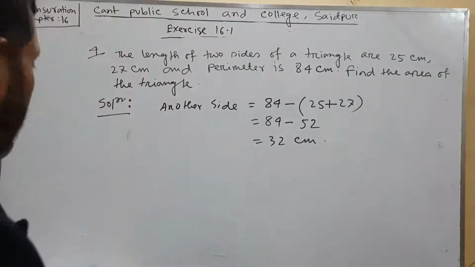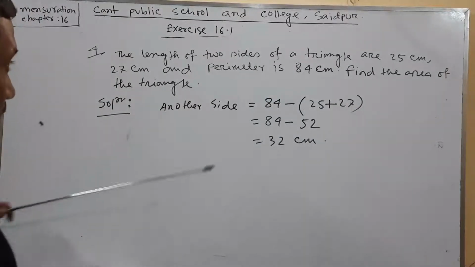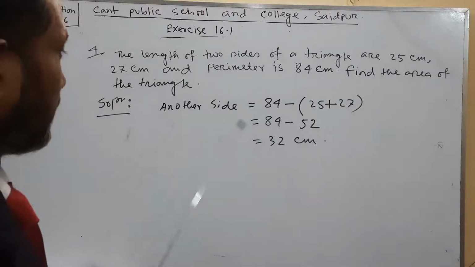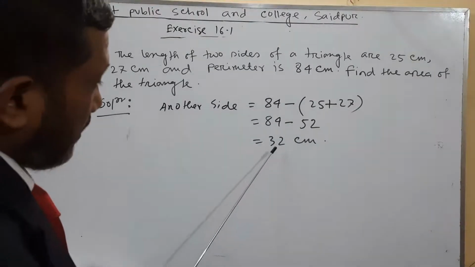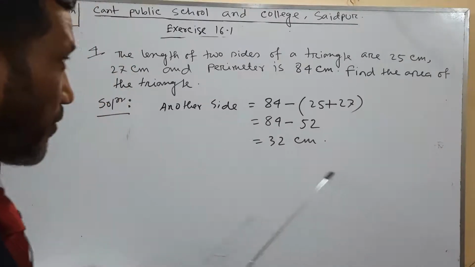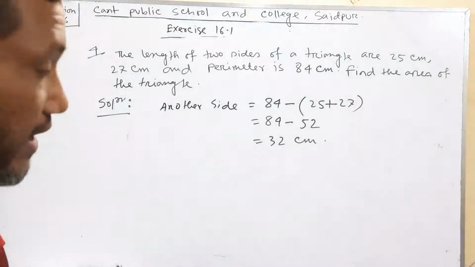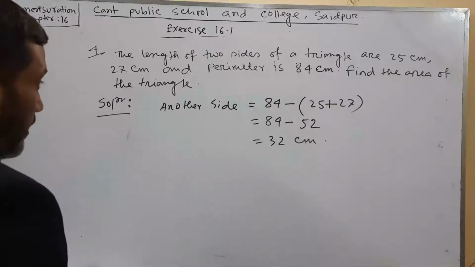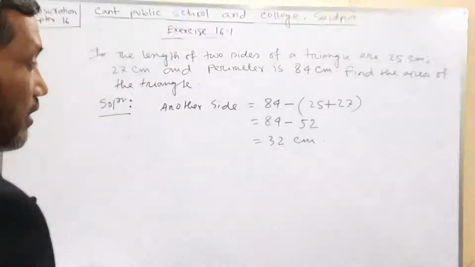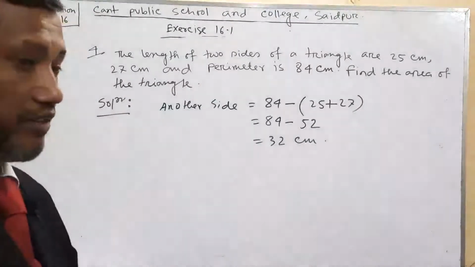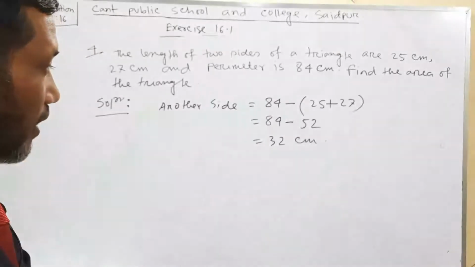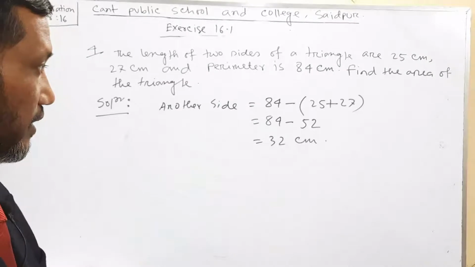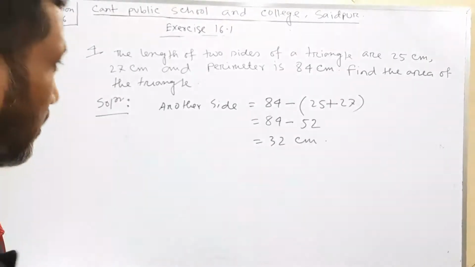We are seeing the lengths of three sides: 25 centimeter, 27 centimeter, and another side 32 centimeter. Since the lengths of the three sides of this triangle are not equal, this is a scalene triangle. So we will find the area of this triangle using the formula square root of s into s minus a, s minus b, s minus c. Here s is the semi-perimeter of this triangle.